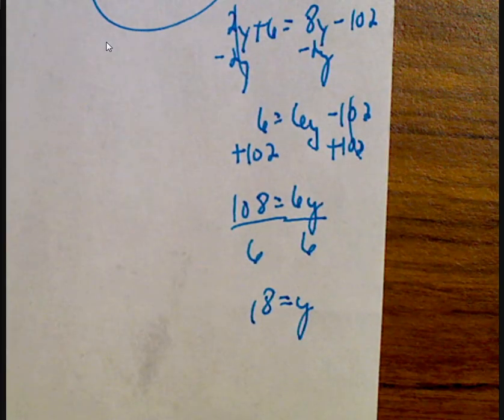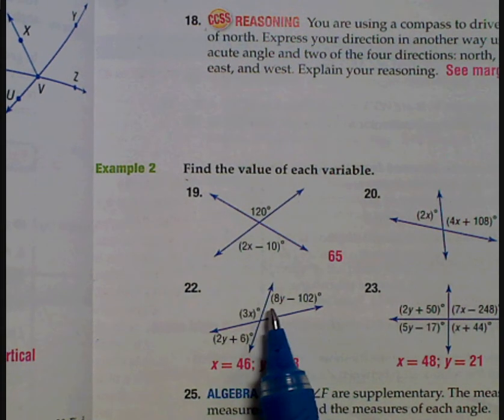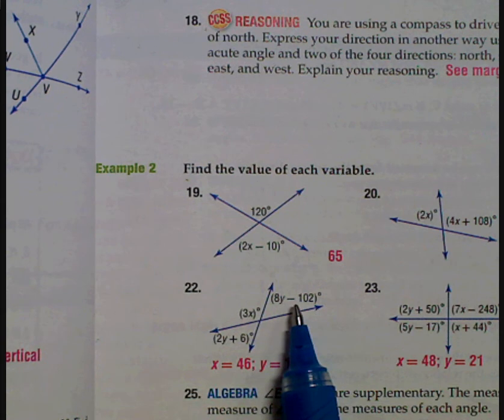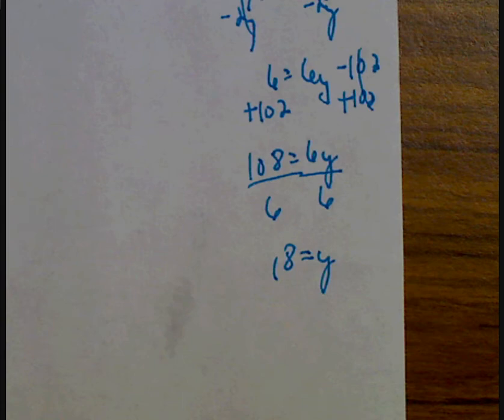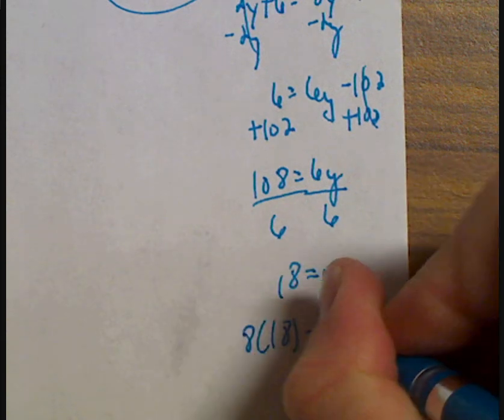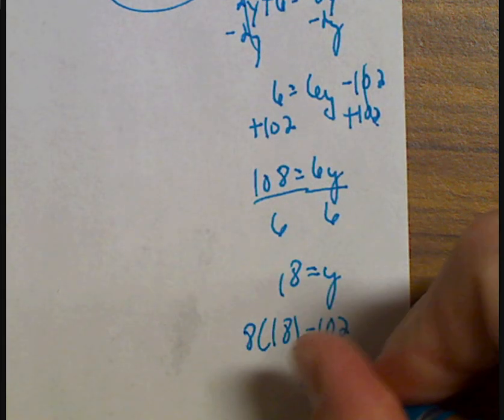If I know y is 18, I will go ahead and plug in here, so I'm going to take 8 times 18 minus 102. That's going to give me this angle. This plus this has to be 180. So 8 times 18 minus 102 gives me 42.